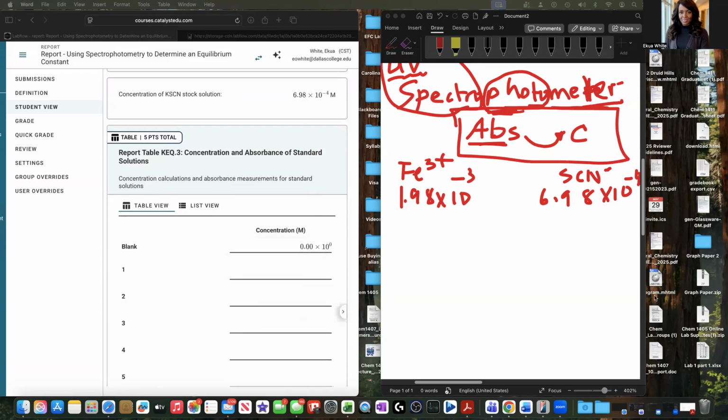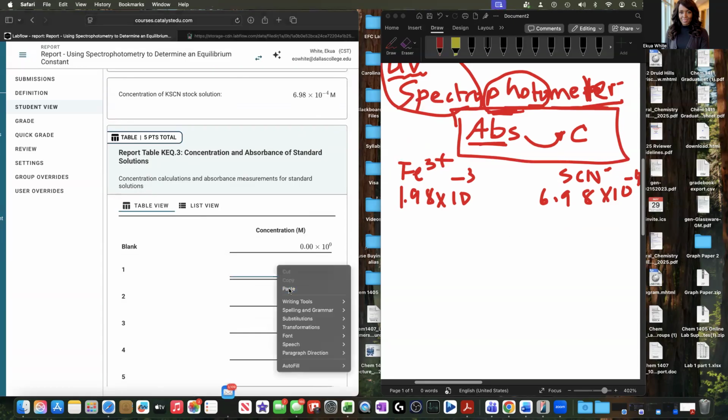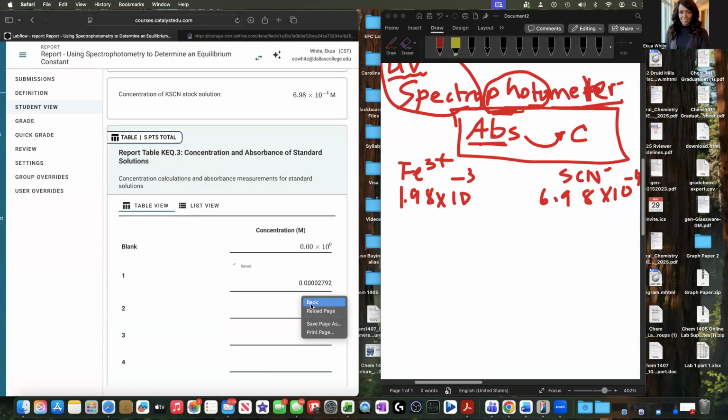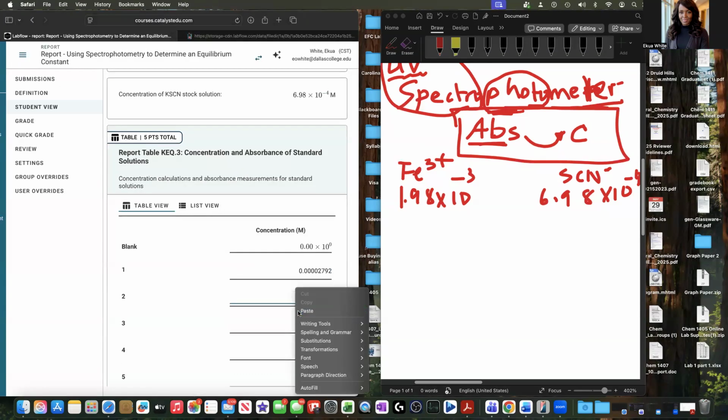And from here, I already have my concentration, so I can just copy these over, correct? I can just copy this over because I already have these. Paste. And this is for the product, right? Copy that over. Paste.